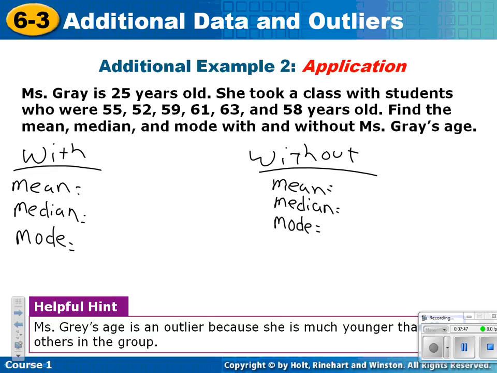Torrance, your job is to figure the mean with her age in it. Tommy Ann, yours is to figure out the mean without her age in it. Don't include the 25, Tommy.